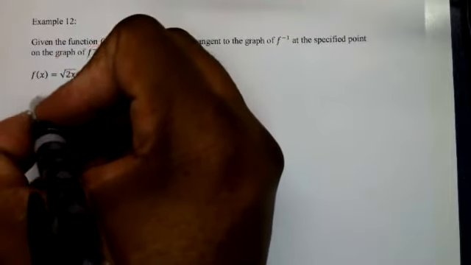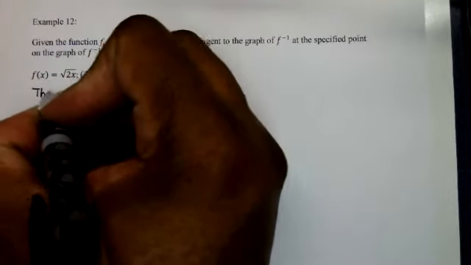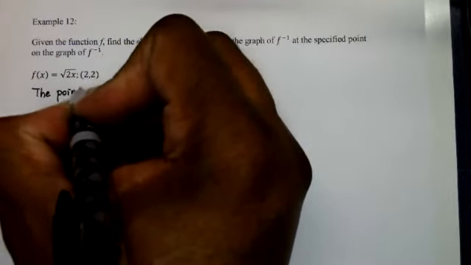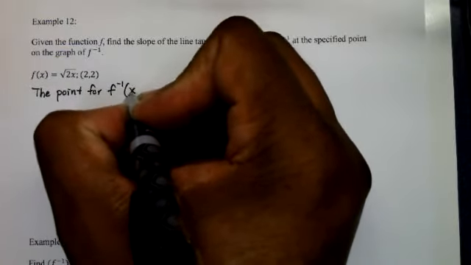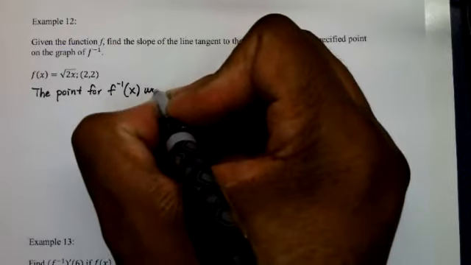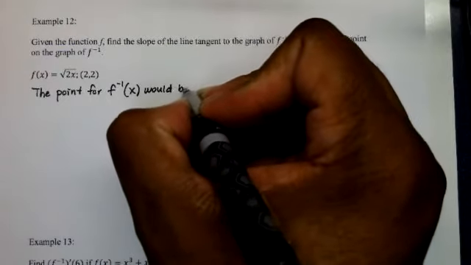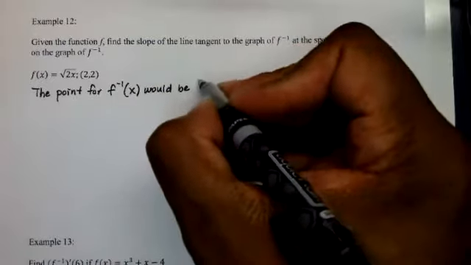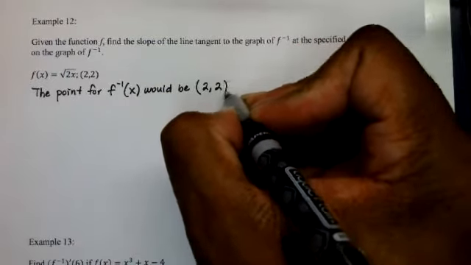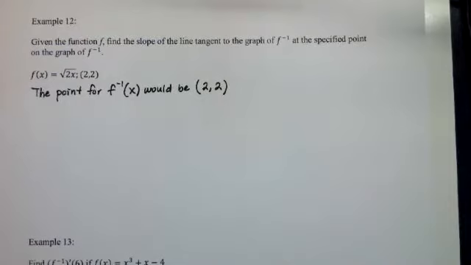So in this case, the point for f inverse of x would be, well, pretty much if we switch the positions of those coordinates, it'll still be 2, 2.